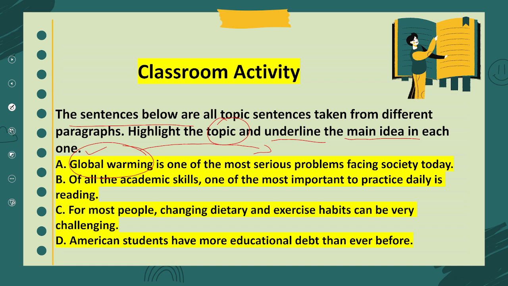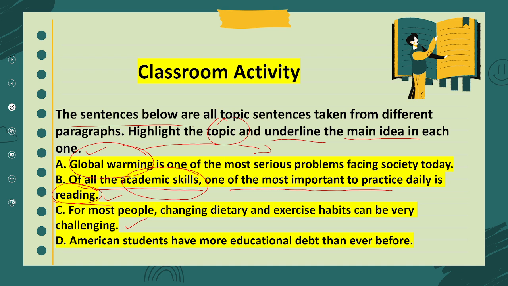Second one, of all the academic skills, one of the most important to practice daily is reading. Now, what are we talking about? This is about academic skills, and we are specifically focusing on reading. Number C, for most people, changing dietary and exercise habits can be very challenging.